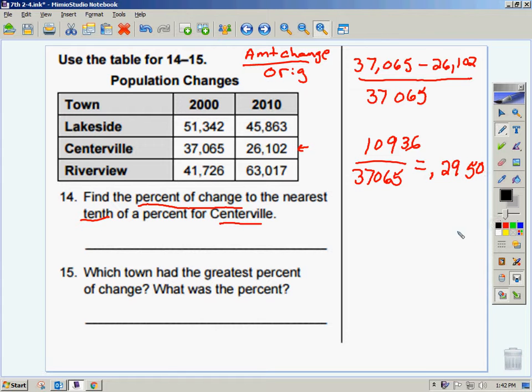How many places am I going to move my decimal? 1, 2. So I get 29.5%. And I don't want that 0 there because they asked for the nearest what? 10th. So I'm only going to keep one place behind the decimal point.